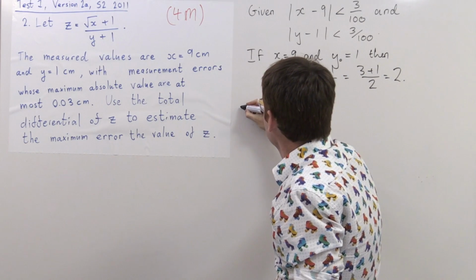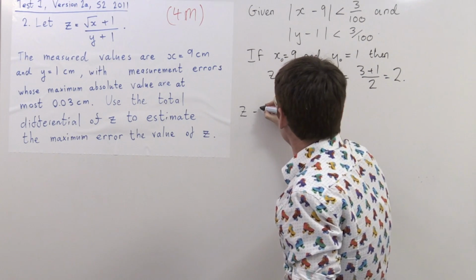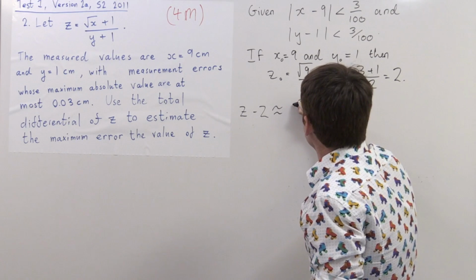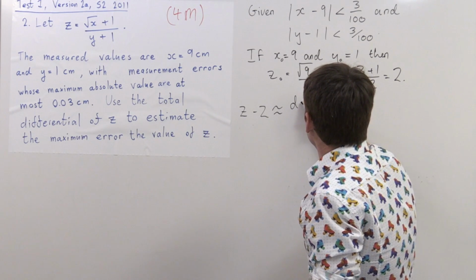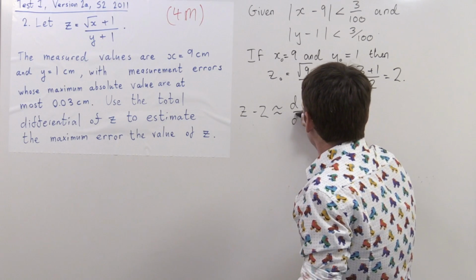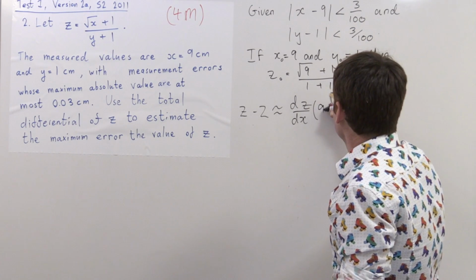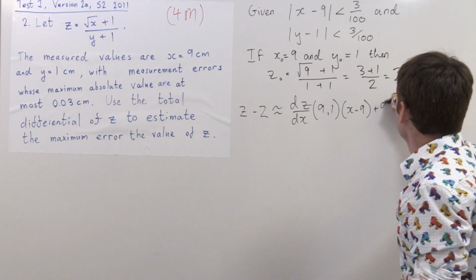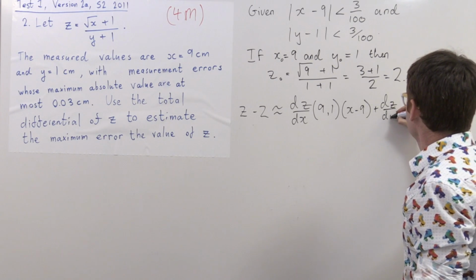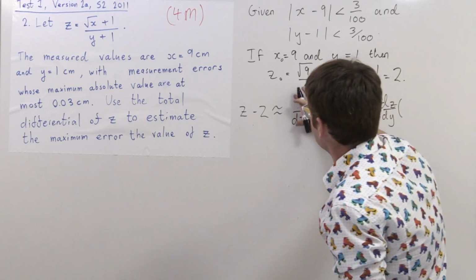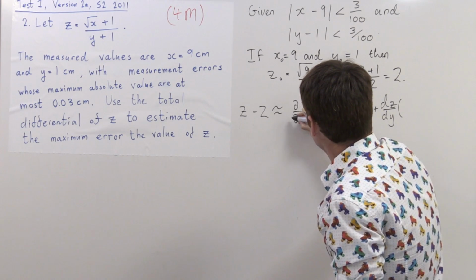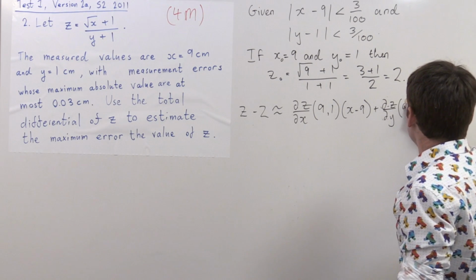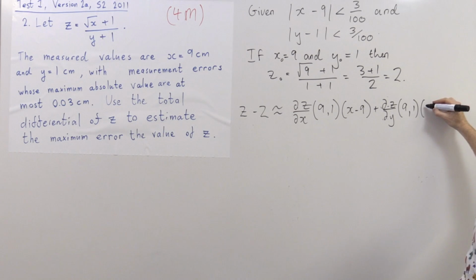So that tells me that z minus z0, which is 2, is approximately equal to ∂z/∂x evaluated at (9,1) times (x minus 9) plus, this should be partial derivatives, ∂z/∂y evaluated at (9,1) times (y minus 1).